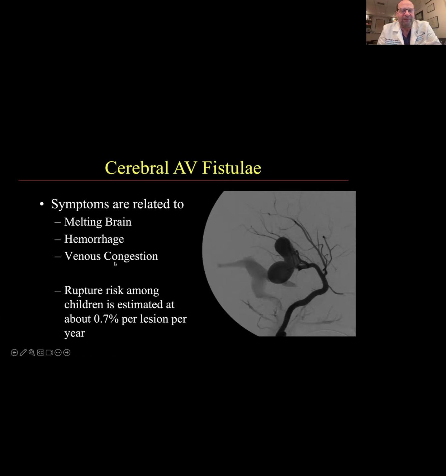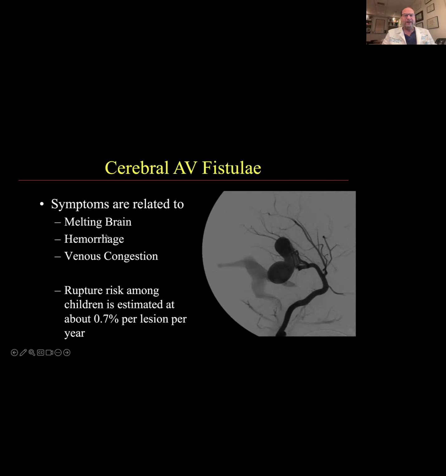What is even worse is that if these fistulae are already present in utero, or present as a baby, then you may get significant problems with your brain development related to venous hyperpressure, which can cause something that has been coined the melting brain syndrome, i.e., where your brain is just not getting enough oxygen and therefore shrinks and is no longer functional.